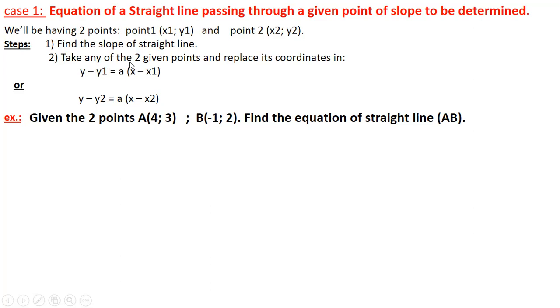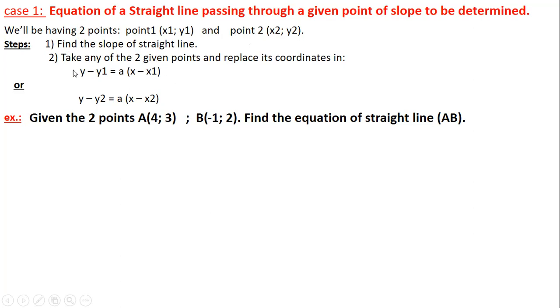Please, these steps are very important to follow. Step number 1, we find the slope of the straight line, of course, using the rule that we learned before. Step number 2, we take any of the 2 given points, either point 1 or point 2, and we replace its coordinates in this equation.